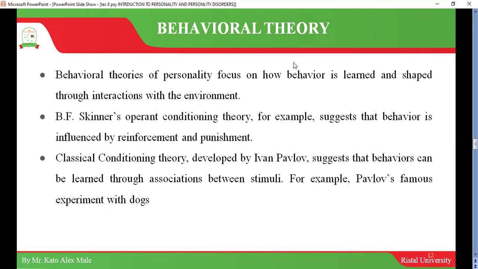You know that theory of operant conditioning. And then the classical conditioning by Pavlov, the famous experiment he did on a dog, is also an example under the behavioral theory. We looked at most of these theories in a certain lecture at the beginning of the psychology lecture series.